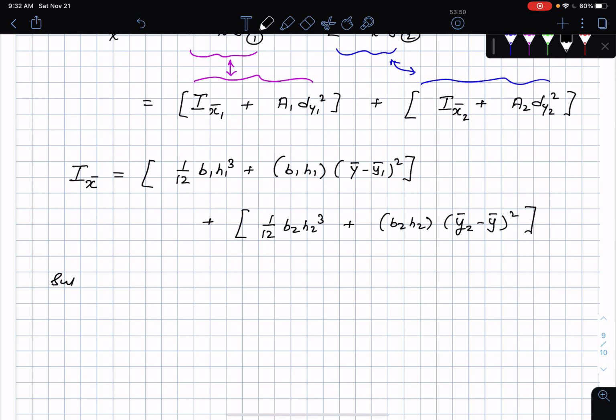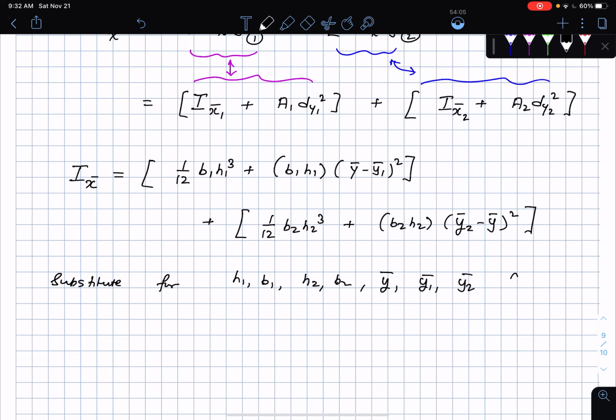Substitute for h1, b1, h2, b2, y bar, y1 bar, y2 bar.